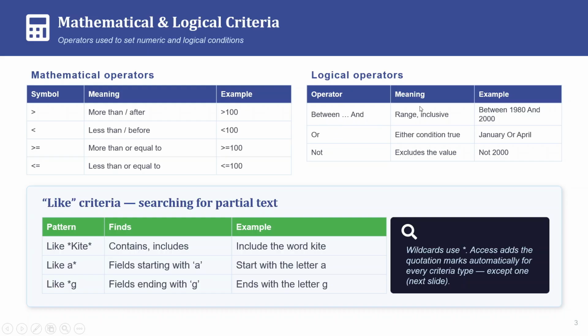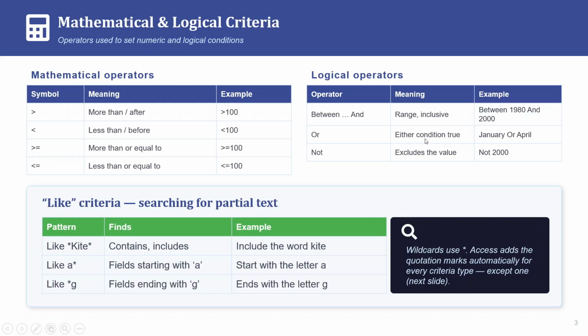Okay. So for example, between range and inclusive. Okay. So between and means that there's a given range and something also inclusive. Okay. So as an example, between 1980 and 2000, this is what you write. So use the keyword between and put in the values that have been required of you.